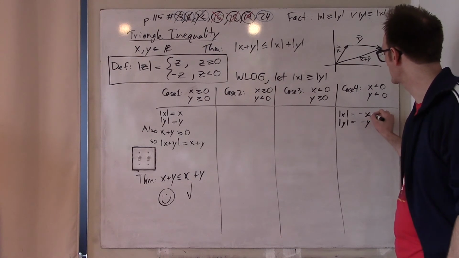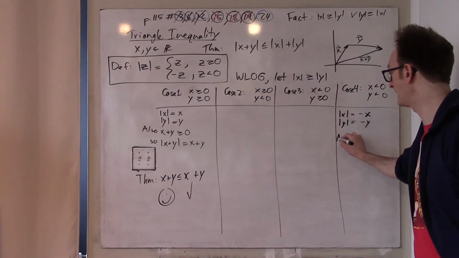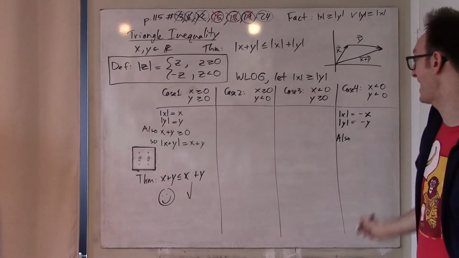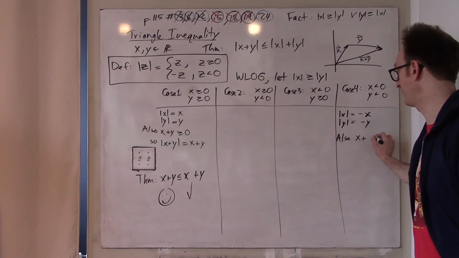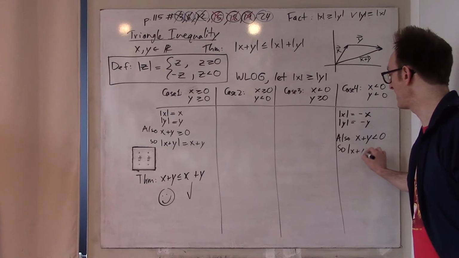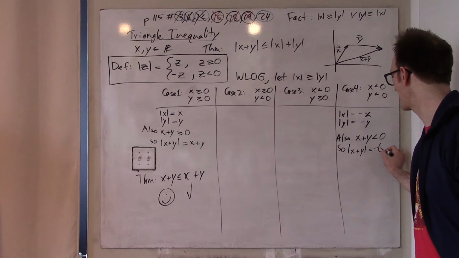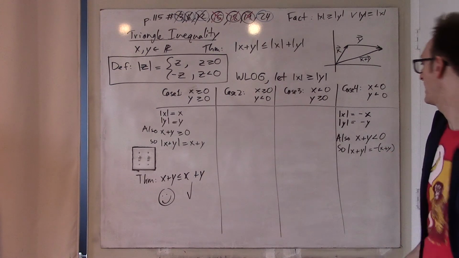So this is kind of a different case, you might say. Also, if I add two negative numbers, then I know that what I get is negative. So the absolute value of x plus y is in fact just the opposite of what's on the inside, so it's negative of x plus y.